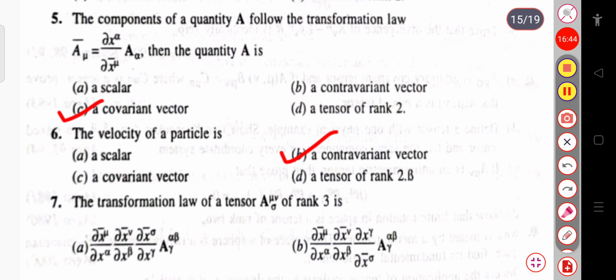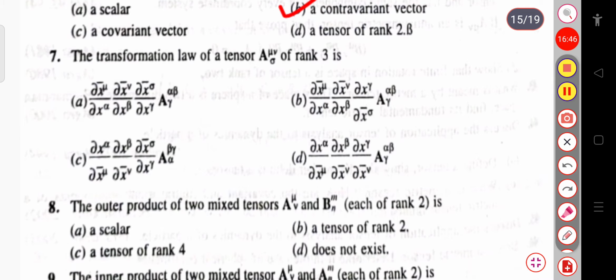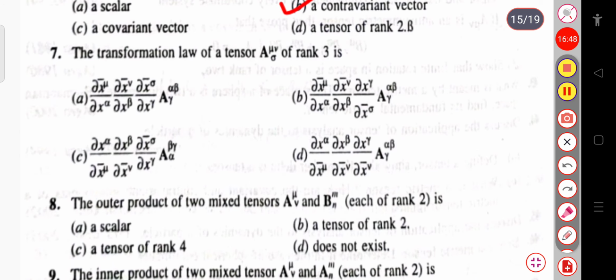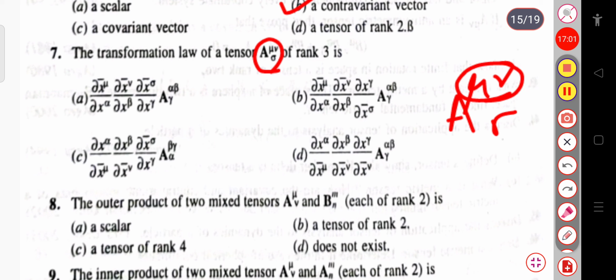The next question is the transformation law of a tensor, that this is your mixed tensor A mu nu sigma of rank 3 is. So from this expression you can see this mu nu, it is your contravariant one. So you have to just check whether this del x power mu nu is present in this part or not.